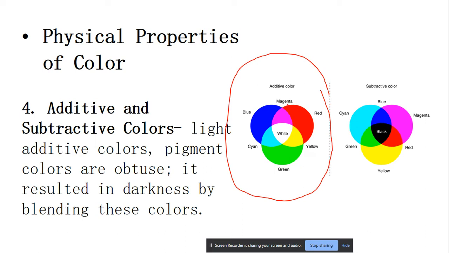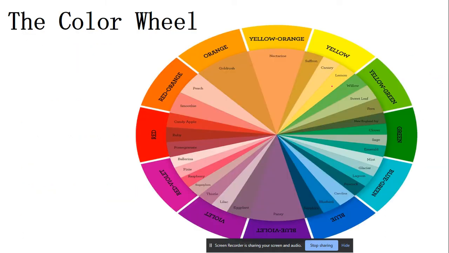You could form magenta by adding colors to primary colors. And then you could have this subtractive color. So let's explore the color wheel.